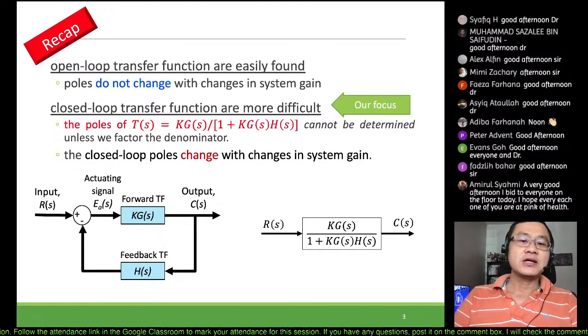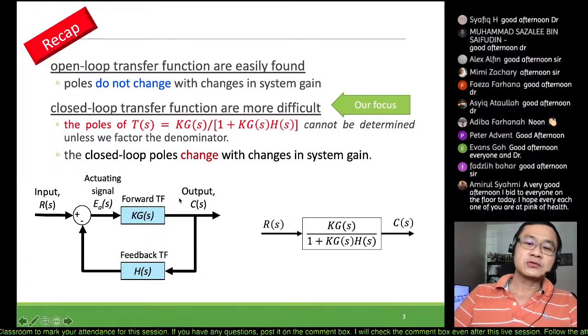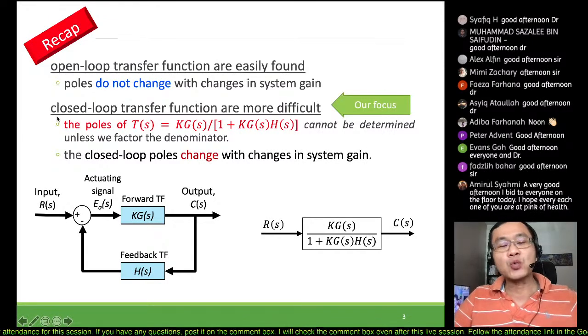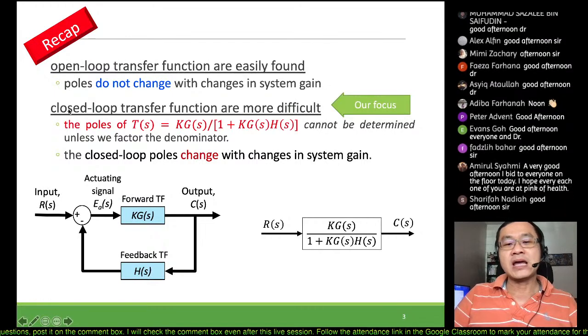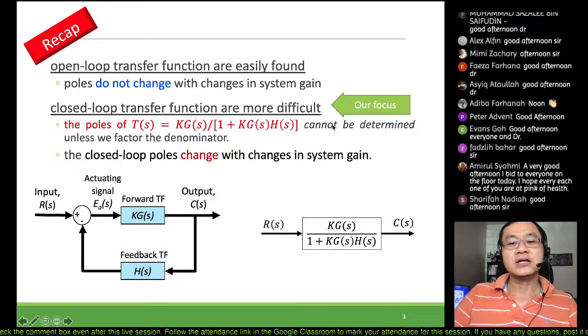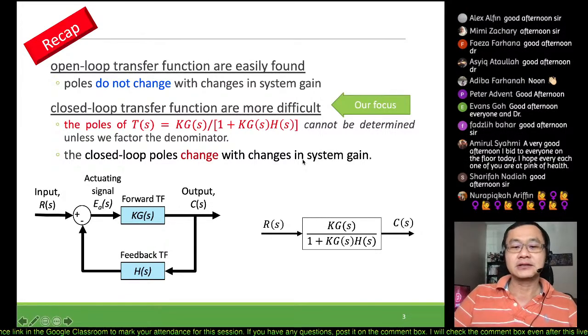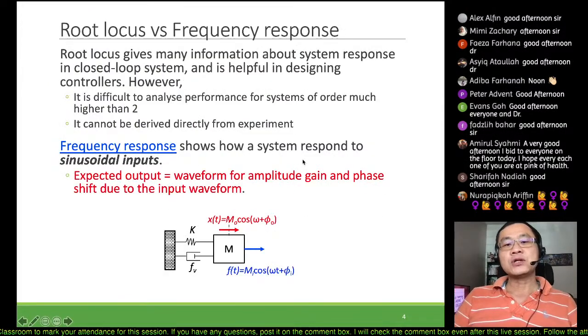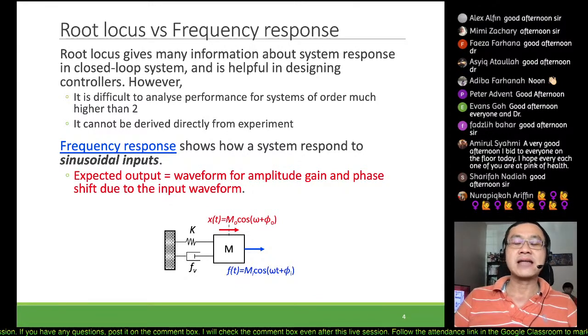In that topic, we also mentioned that the reason we use the root locus is that it enables us to visualize and solve for the closed loop transfer function, which is usually more difficult to handle. Today we will learn another technique. We call it the frequency response technique.